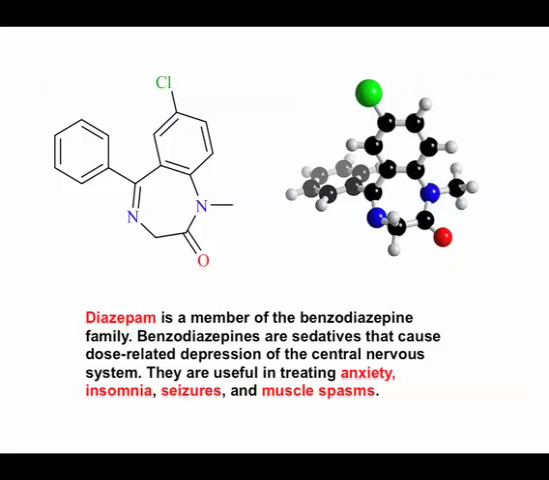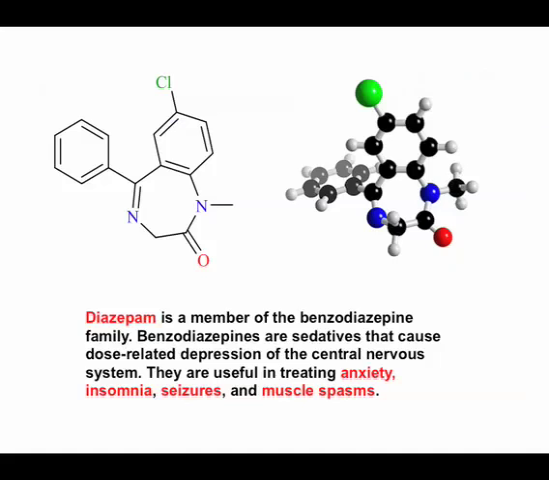Now I'd like to move on to a few examples and show how certain drugs can be analyzed. Here we have a formula for diazepam. From the point of view of the MS, it has N and chlorine.